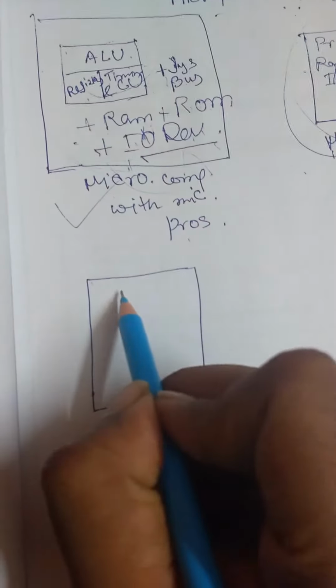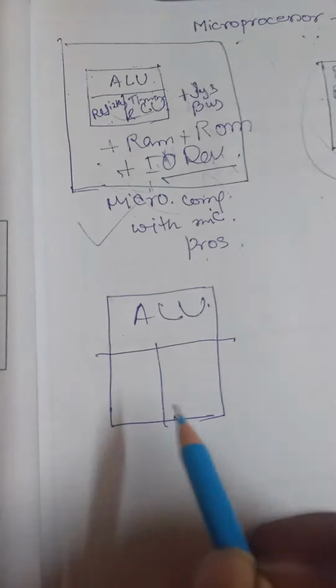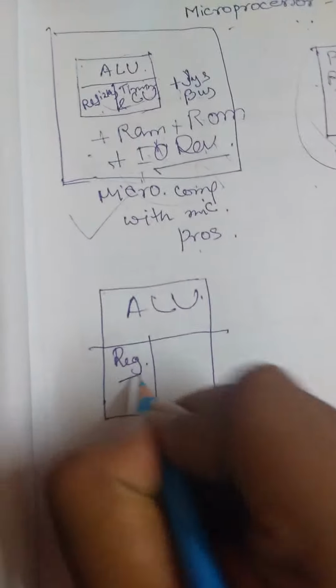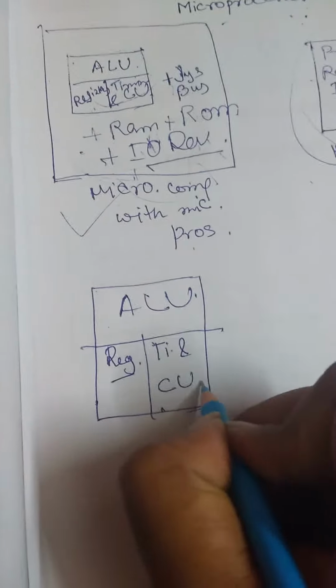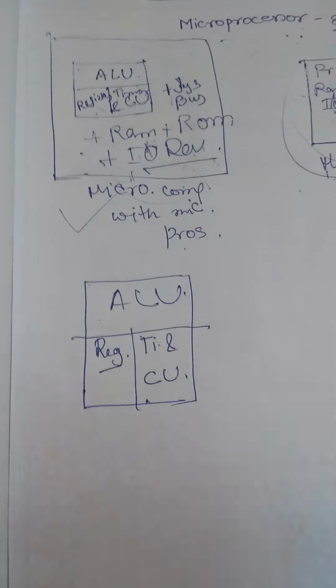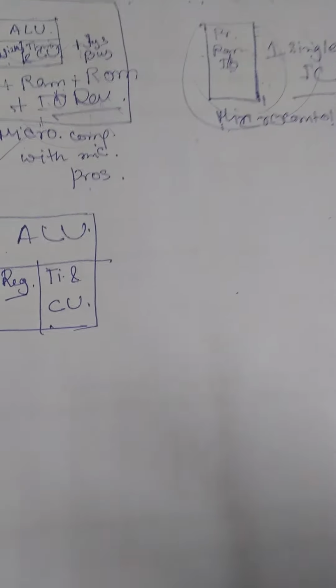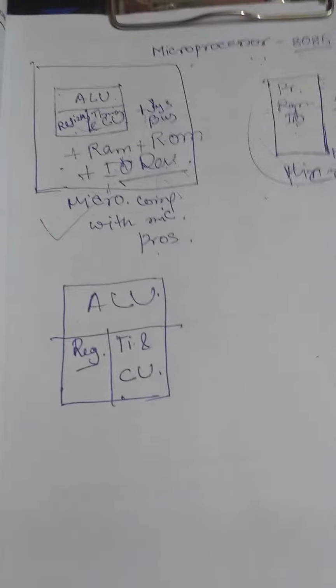Alright, so here is a microprocessor, and we say we have an ALU here, the registers, and timing and control unit. Because this is a microcomputer, we have to show how it will communicate with all the other peripherals.